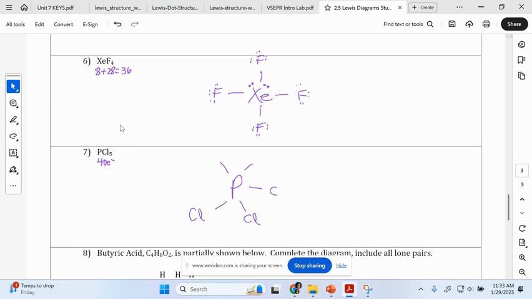So we're going to have the 5 chlorines coming off of here. At this point, I have 10, 12, 14, 16, 18, 20, 22, 24, 26, 28, 30, 32, 34, 36, 38, and 40.